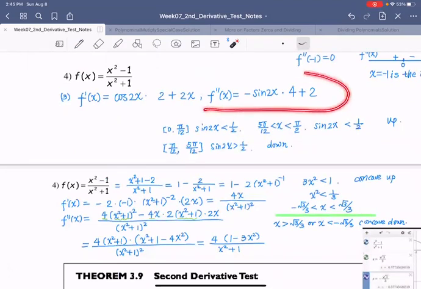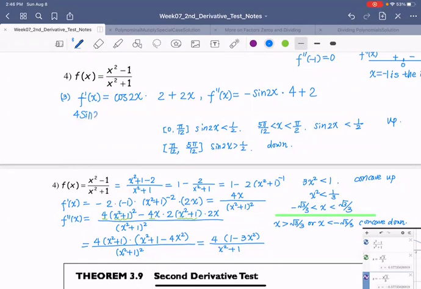So we want to check this one: negative 4 sine 2x plus 2. And we want to first make it equal 0. Let's solve this one.